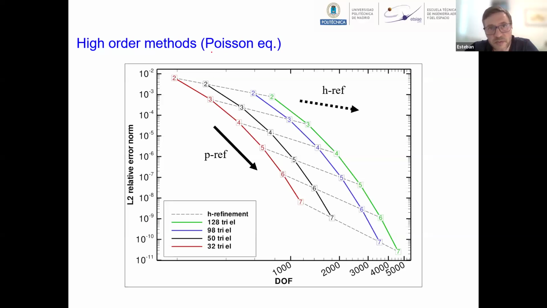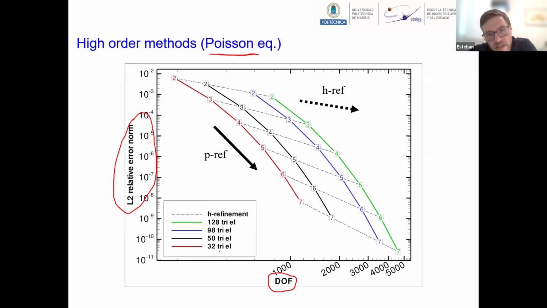This is a very simple Poisson equation, an elliptic problem, where we plot the accuracy, that's the L2 norm. We know the exact solution, so we can compute the exact error. And we have here the degrees of freedom that we use to solve the system. So this is the degrees of freedom we need to invert the matrix, or to build the matrix, or whatever we do to get the solution, right?